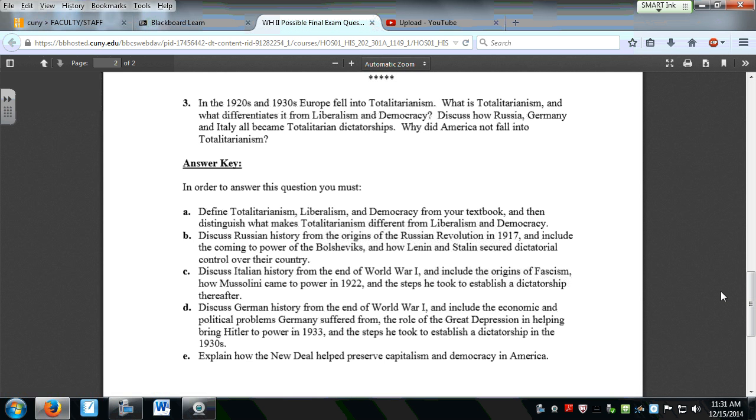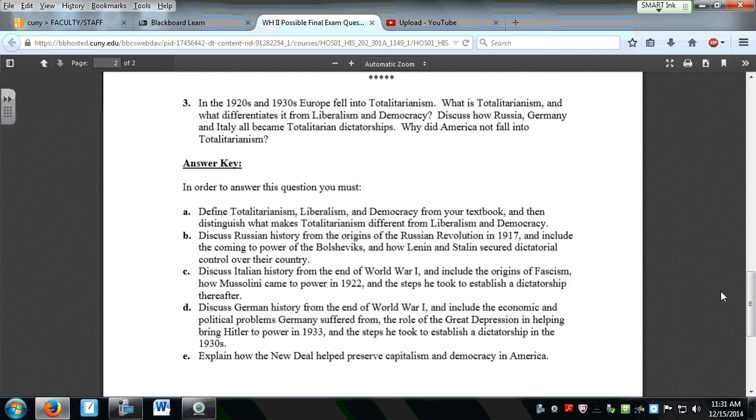So talk about everything. The Russian Civil War. Talk about Stalin's plans to industrialize Russia and what he did to his political opponents. So that's how to answer the Russian part.